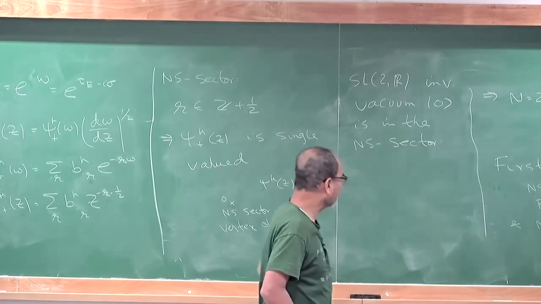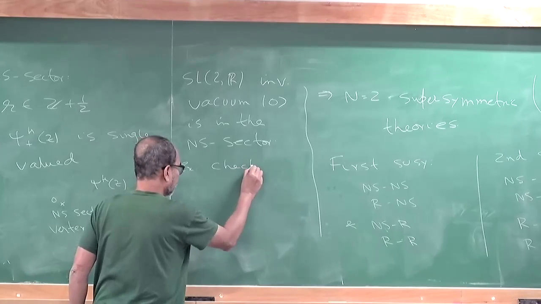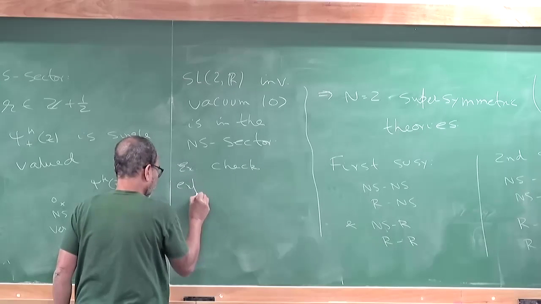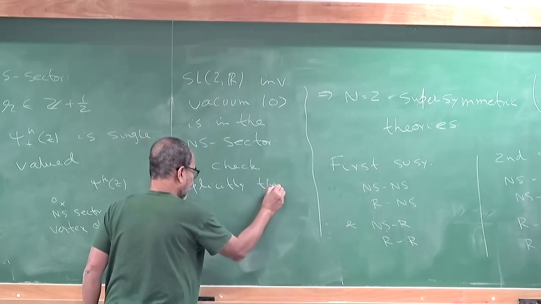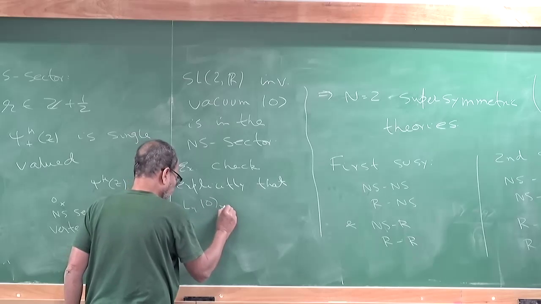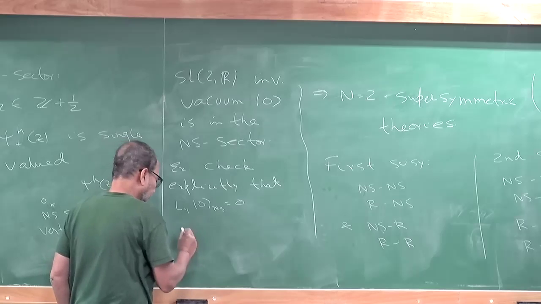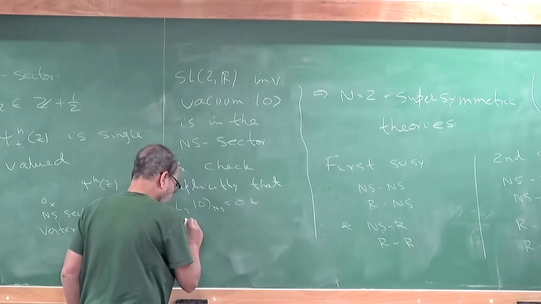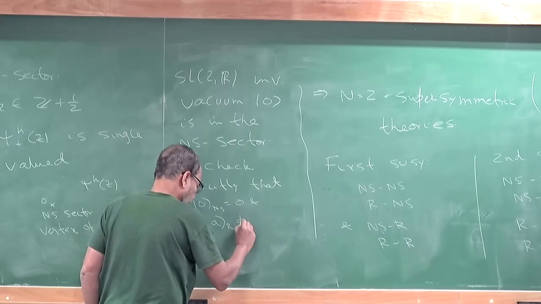I'll leave it as an exercise to check explicitly that L minus 1 on NS is equal to 0, and L minus 1 on the Ramond sector is not 0.